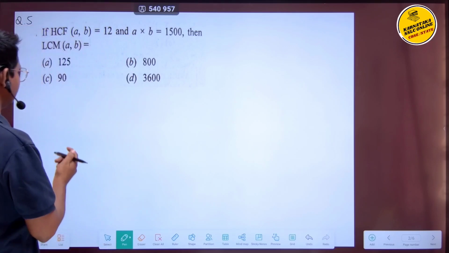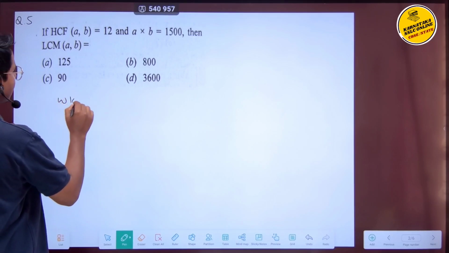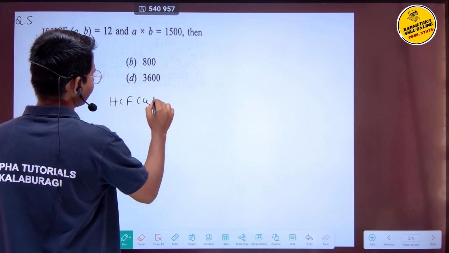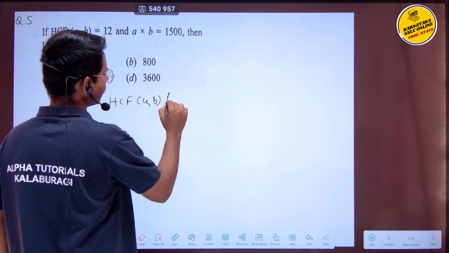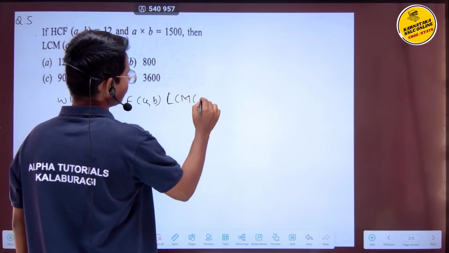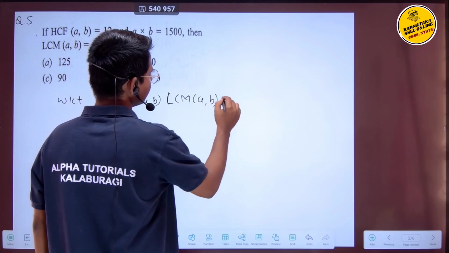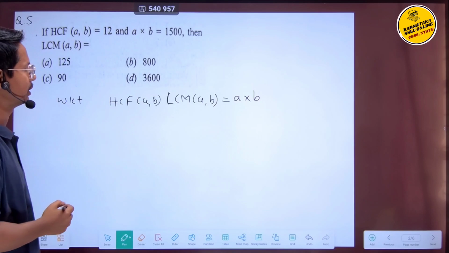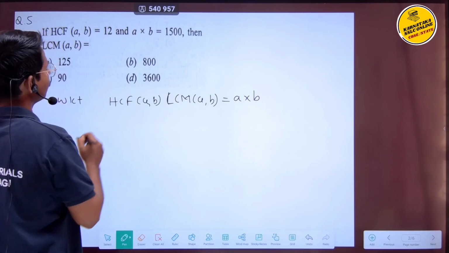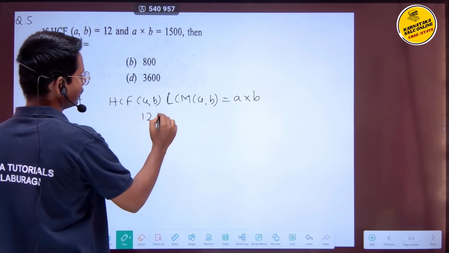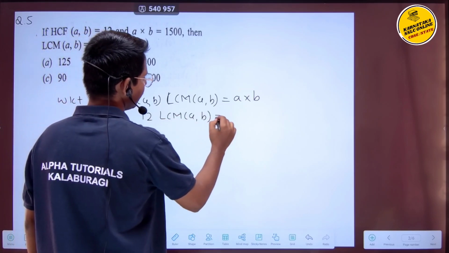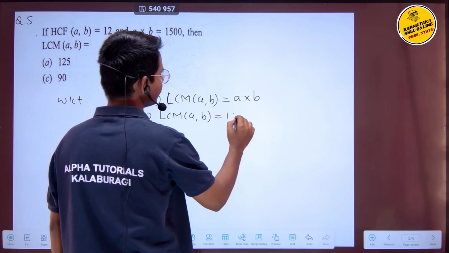So we know the relation that HCF of two numbers into LCM of the same two numbers is equal to the product of the two numbers. Okay, this is the relation. So the HCF of the two numbers is given as 12, the LCM of the two numbers you need to find, and the product of the numbers is also given, which is 1500.